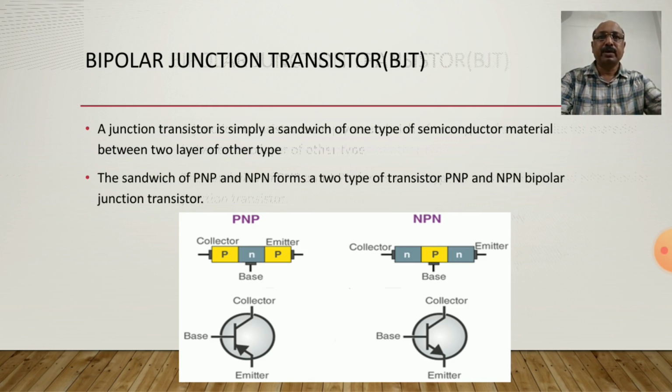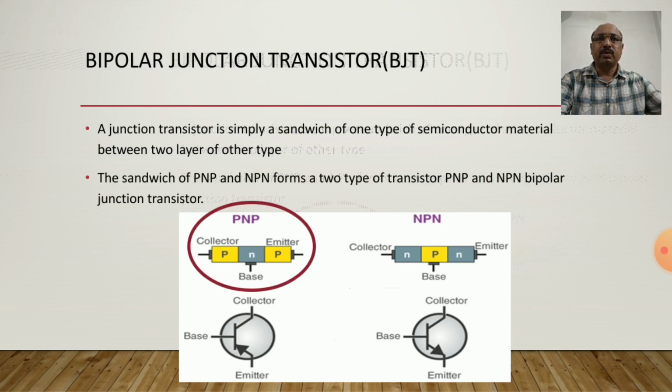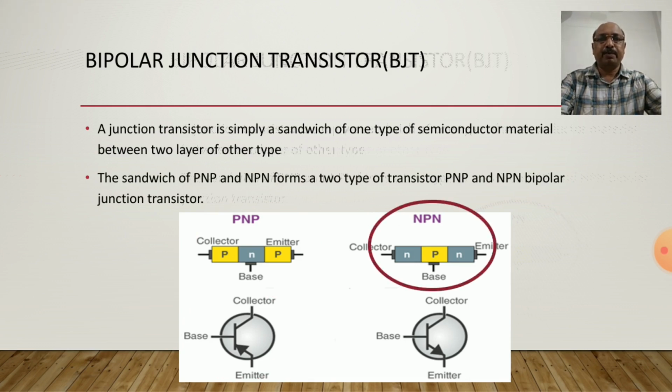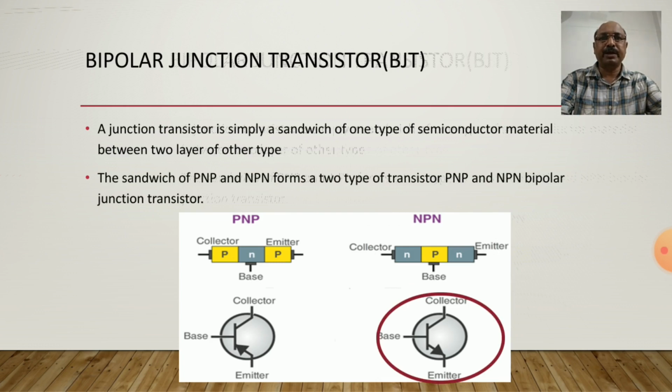Let us see in this figure the schematic structure of a PNP transistor, and this is the symbol for the PNP transistor. Also see the structure of the NPN transistor as well as the symbol for the NPN transistor.